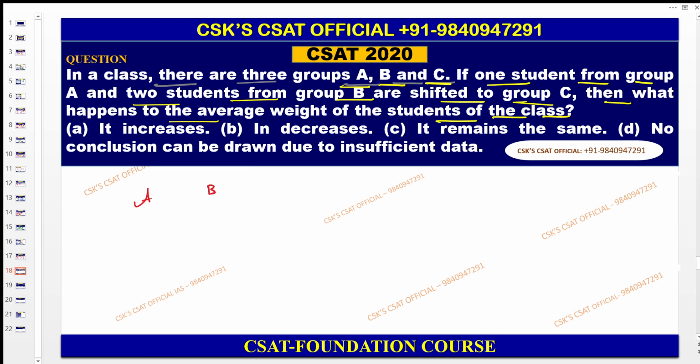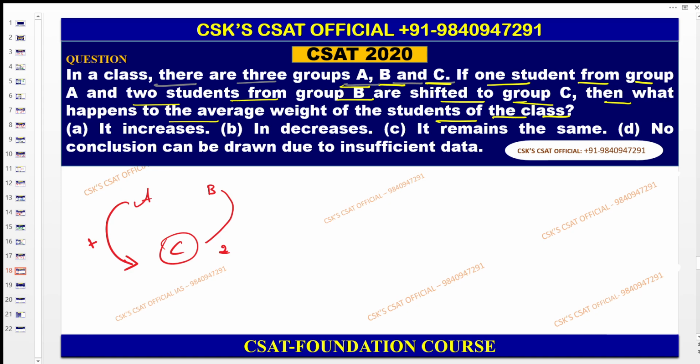There are 3 groups. One student from group A, then 2 students from group B shifted to group C. Now, what happens to the average weight of the students of the class?